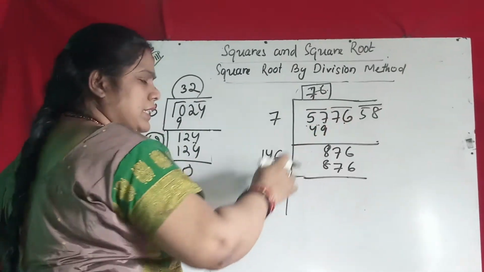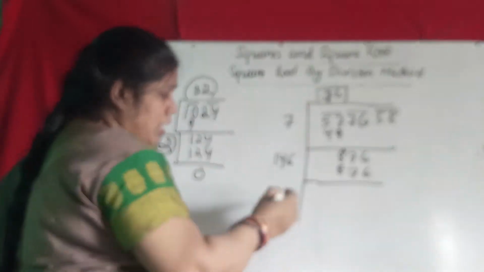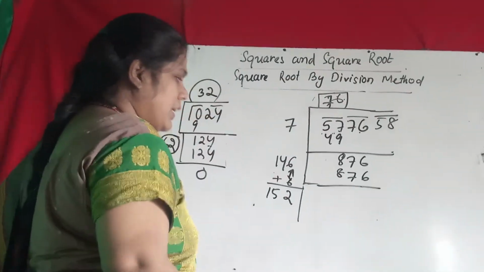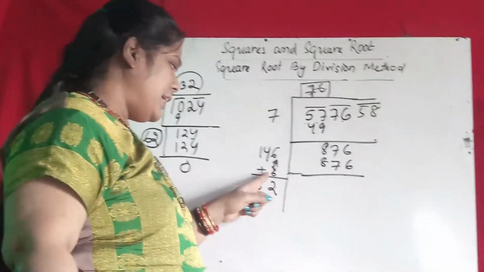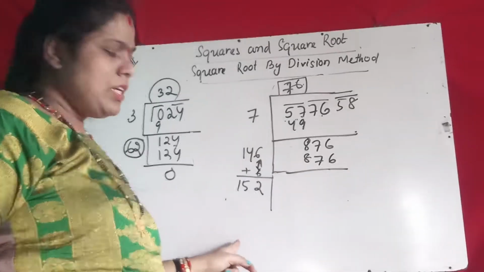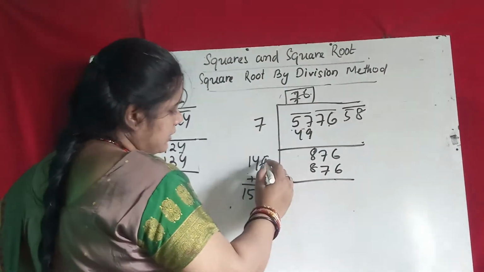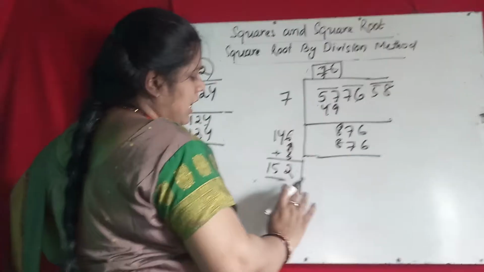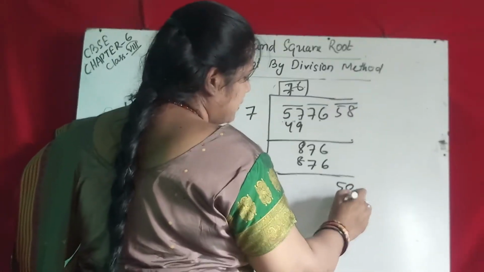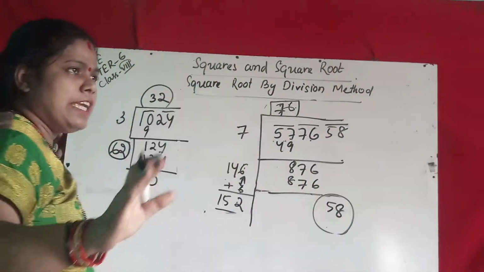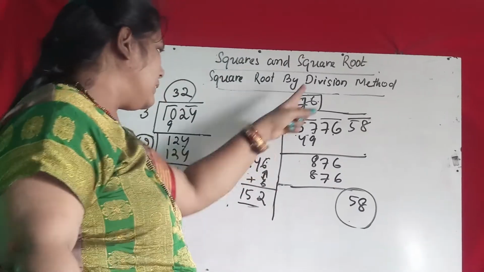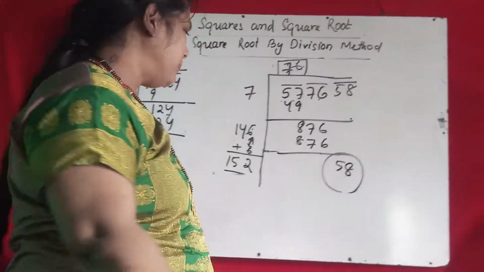So the complete 76 is doubled. Another procedure: you can add the ones place here, plus 6 also. Otherwise the complete double of the quotient will be here. So 1 means 6. Here also 6 6 is 12, 15. Now which number do you take? Okay, here 0, suppose 15. So this is not for you. I am just telling you how to solve. If another 2 digits are there, then you take this double.